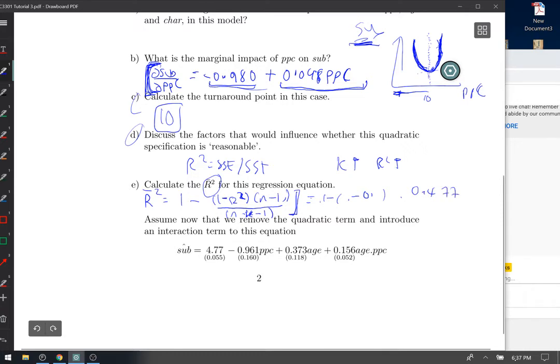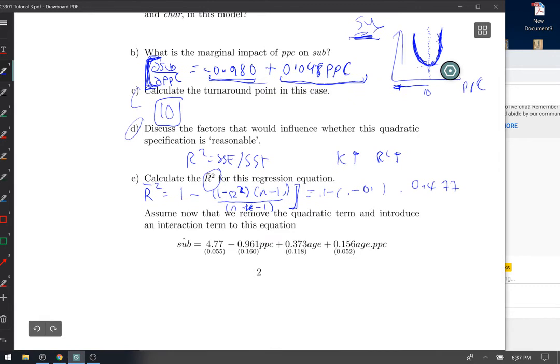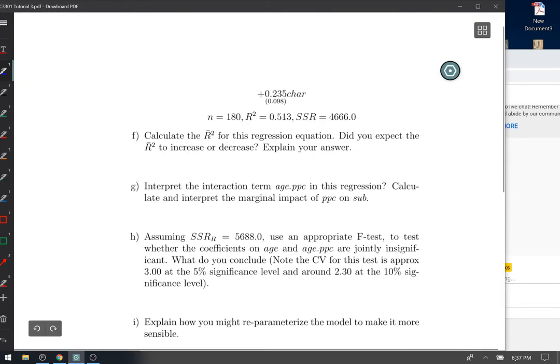Then it asks you to do it again in this new regression. In the next regression, we've removed the quadratic term ppc squared and included this interaction term age.ppc, and it asks you to calculate the R bar squared again.